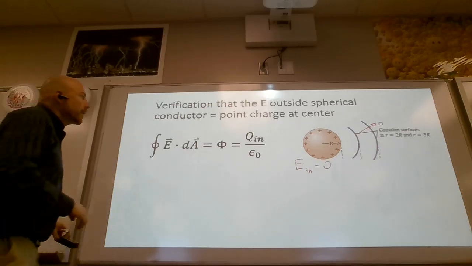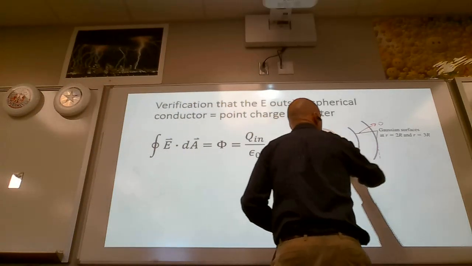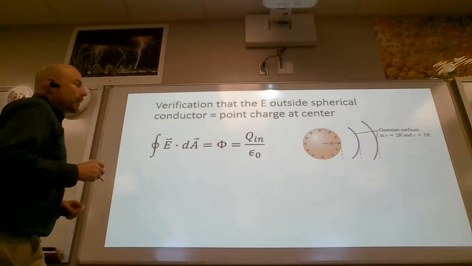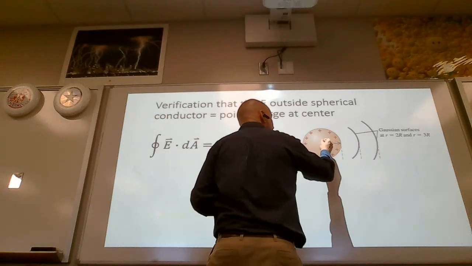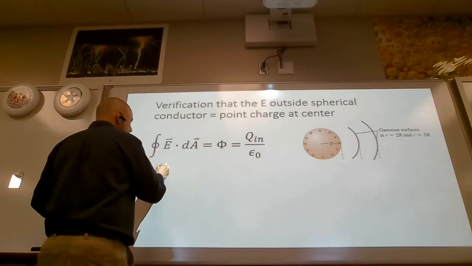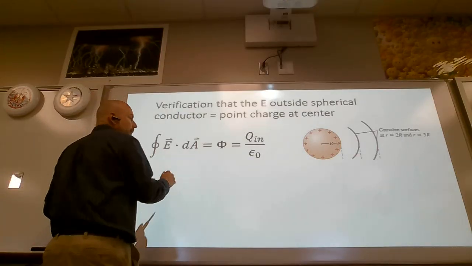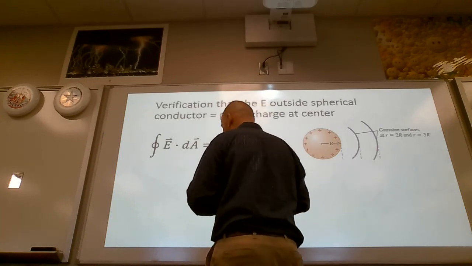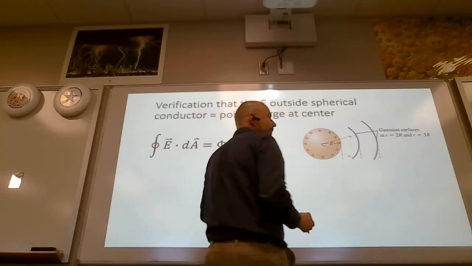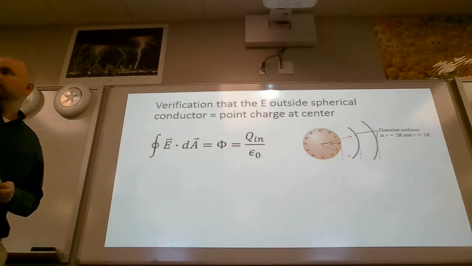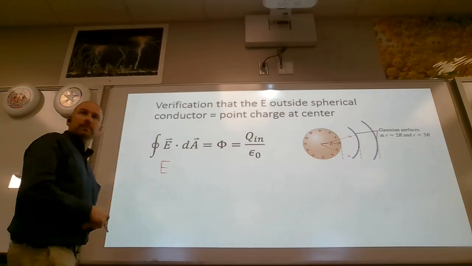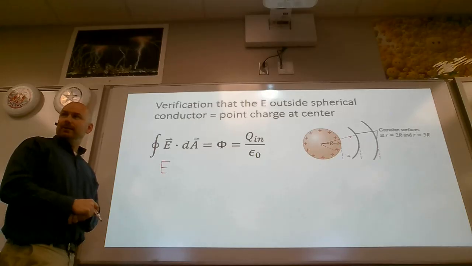All right, so if we looked at a point charge or a spherical conductor that's charged, we're going to condense that down to a point charge at the center. And so the electric field at this location or this location is the same. So we can pull out the electric field because it's constant at that distance away.